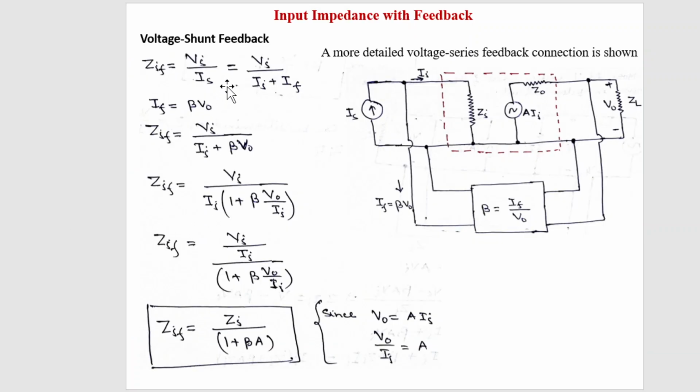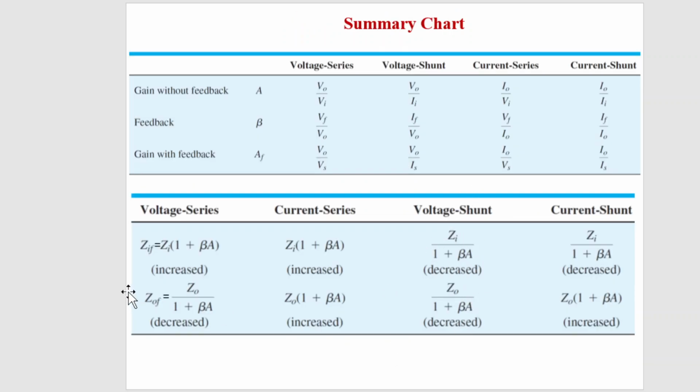ZIF was Zi divided by 1 plus beta A. So here input impedance is increased for voltage series, and for voltage shunt it is decreased. Similarly, current series input impedance is increased, and for current shunt input impedance is decreased. So for both series combinations, whether it's current series or voltage series, input impedance is increased. For both shunt combinations, whether it's voltage shunt or current shunt, input impedance is decreased.